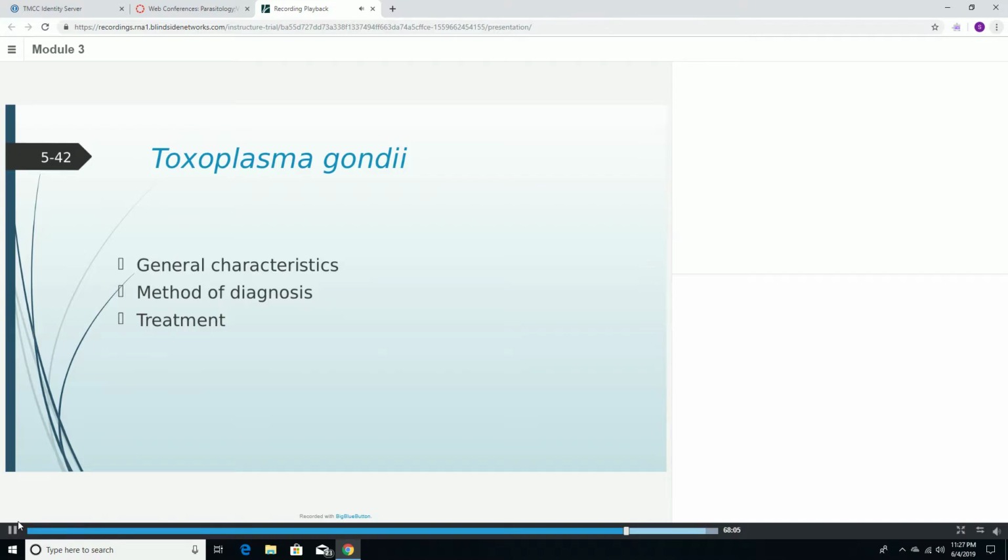So Toxoplasma gondii is a sporozoan parasite that infects and undergoes schizogony in all nucleated cells of almost all animals and birds. The most common vector is going to be a domestic cat or other members of the feline species, and they have been cited as the only definitive host for this parasite.